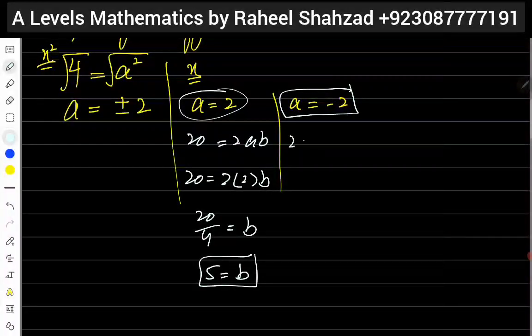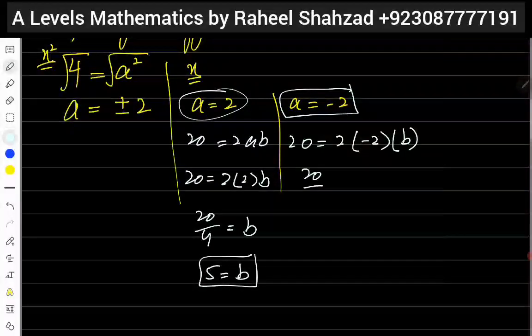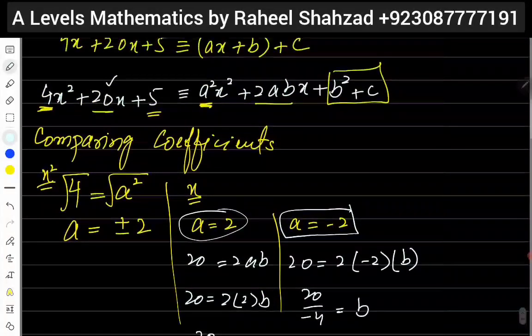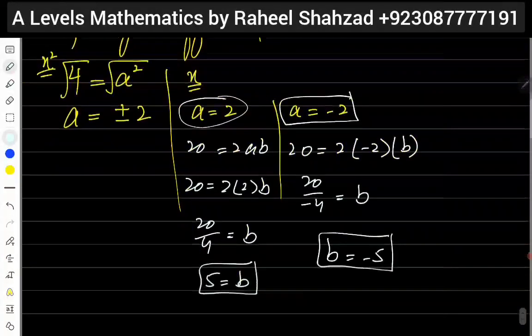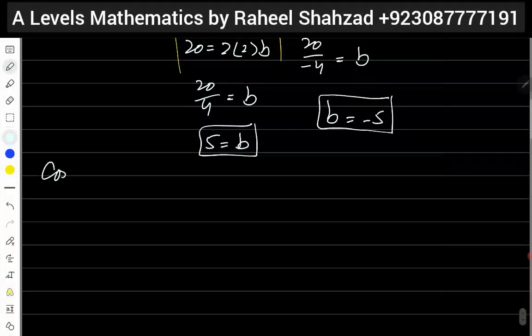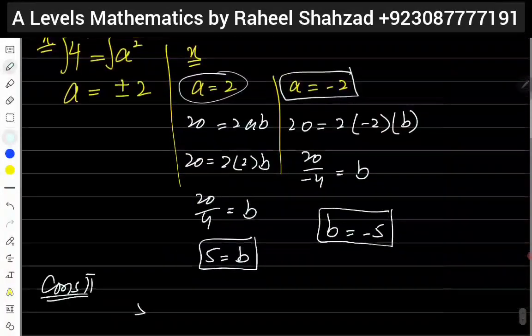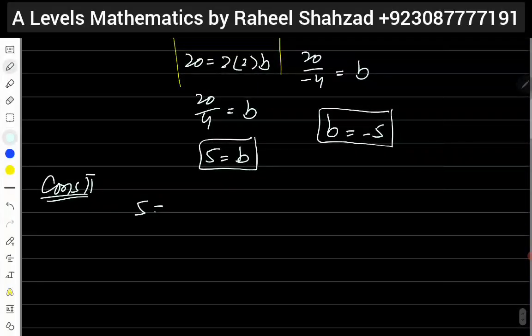Okay, so it is 20 is equal to 2 times minus 2 into b. That makes it 20 divided by minus 4, and b becomes minus 5. And at the end, we have a constant. 5 is equal to b square plus c.